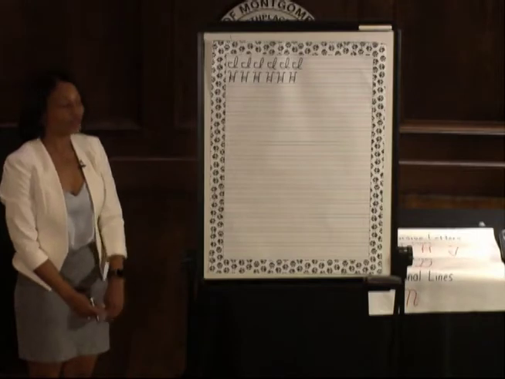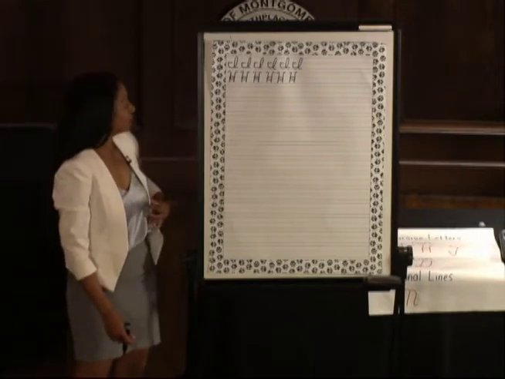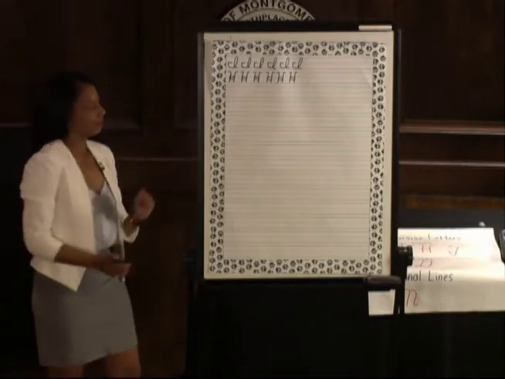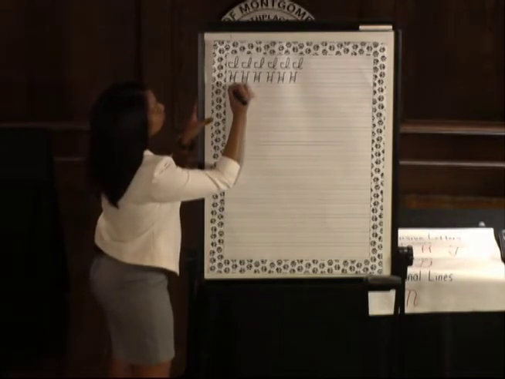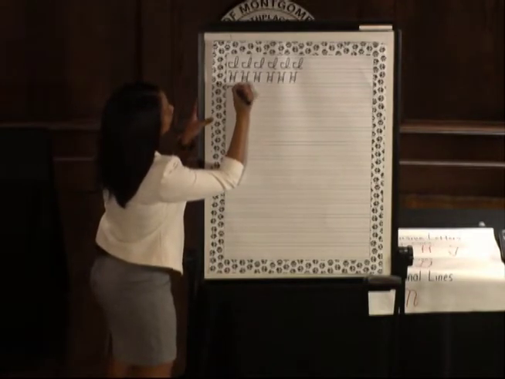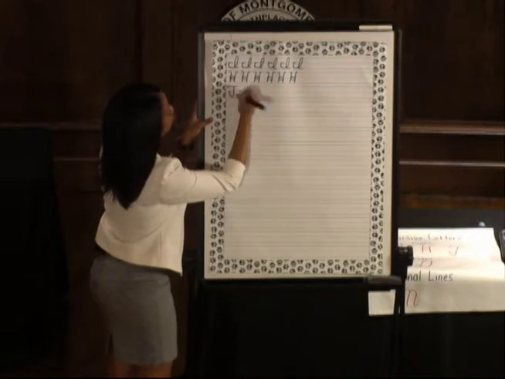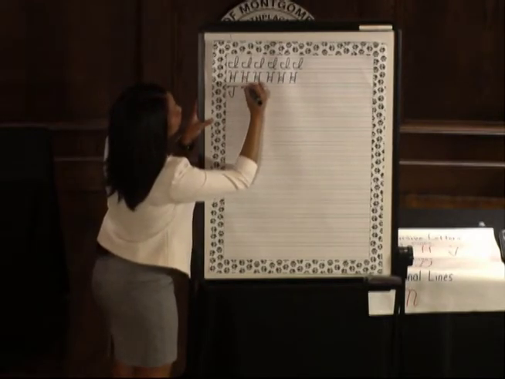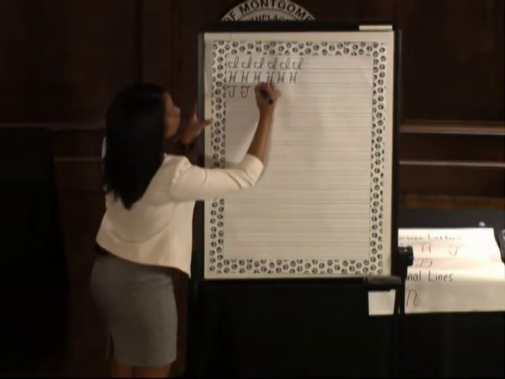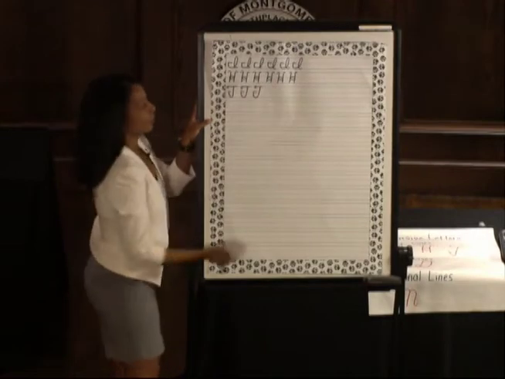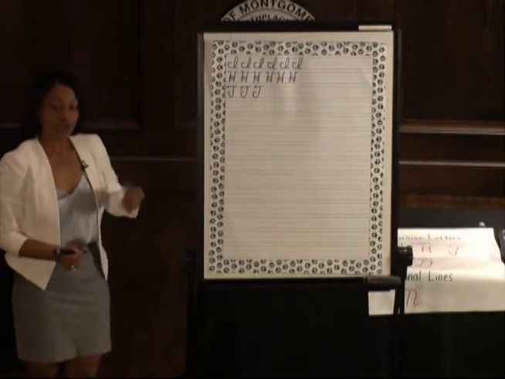Okay, perfect. All right, our next uppercase letter is T. With the T, you're going to start with the loop, straight, curve, hook. Loop, straight, curve, hook. Now we're going to try this together.